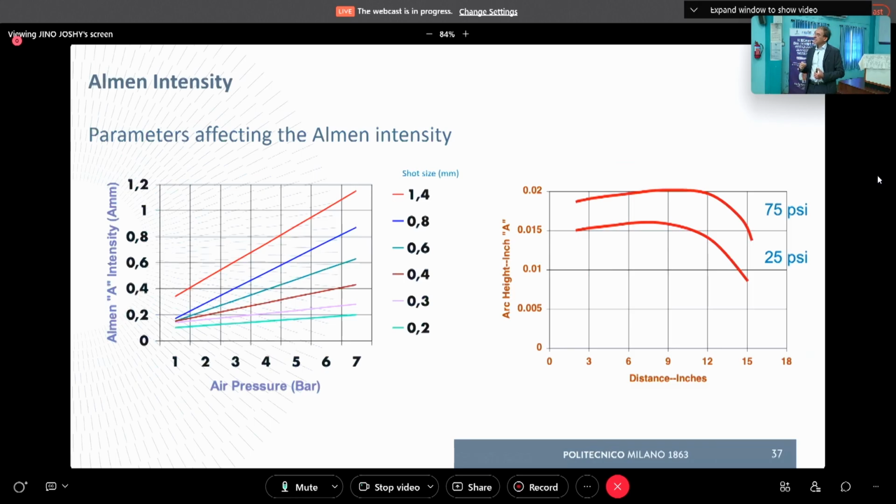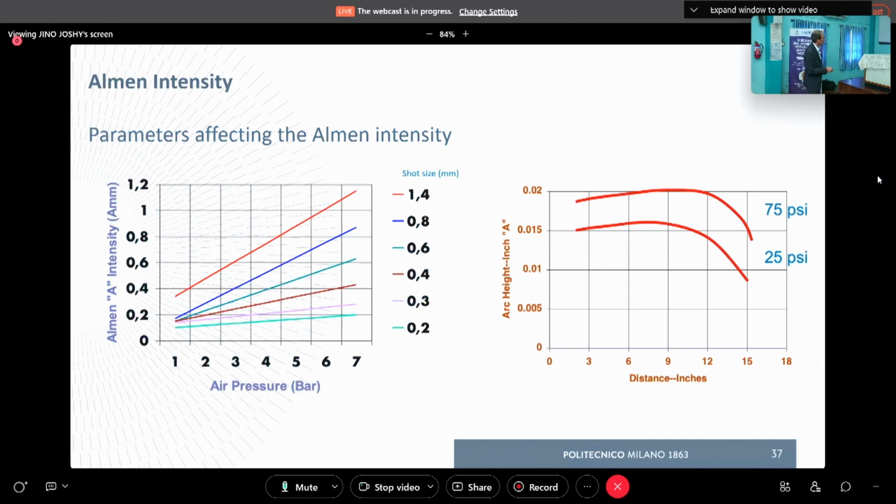If A mm is not used, but just A, it means that the result is expressed in inches, the American unit. Inches was the original unit used for the Almen intensity. Today, millimeter is widely used, so it's better to specify what we are referring to.